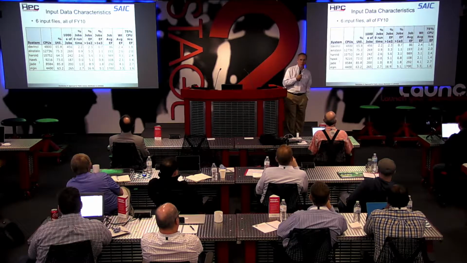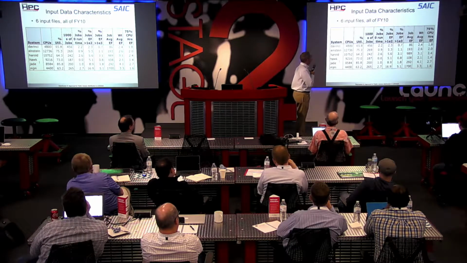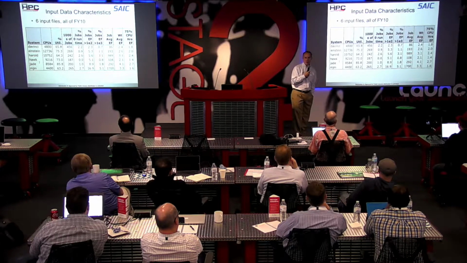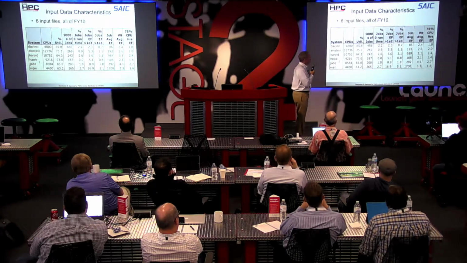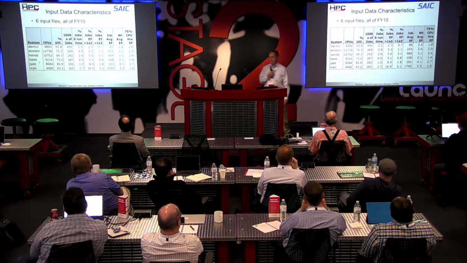Some of it is probably pilot error. We suspect some of it is deliberate activity with evil intent, but we won't go there. And then there are multiple ways to measure your figure of merit. Over there, there are 3 different ways to measure expansion factor. We'll talk about that in a minute.